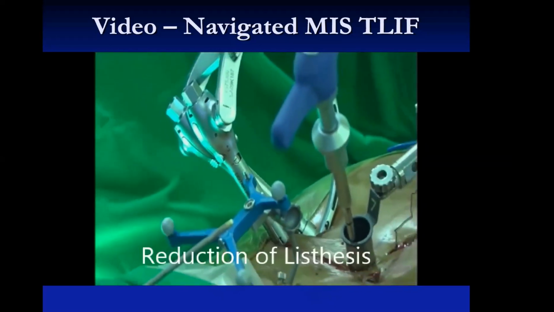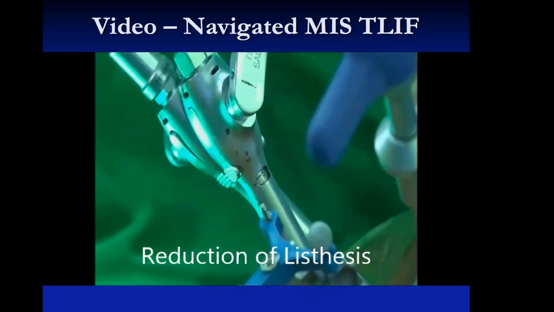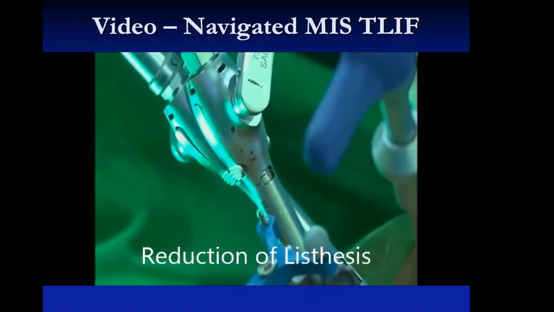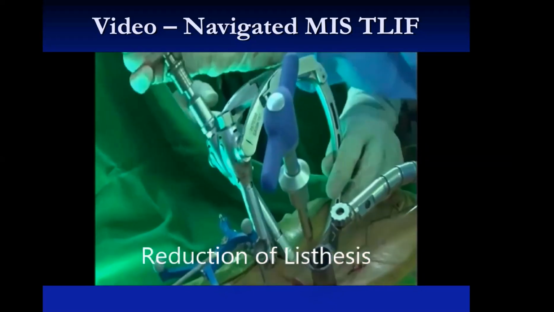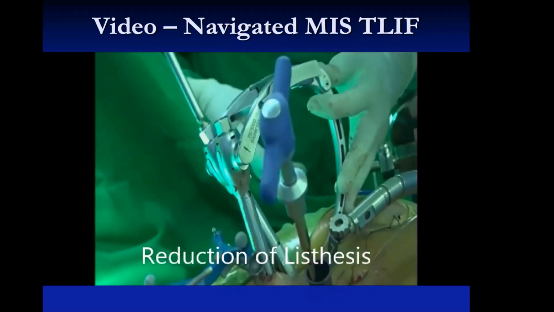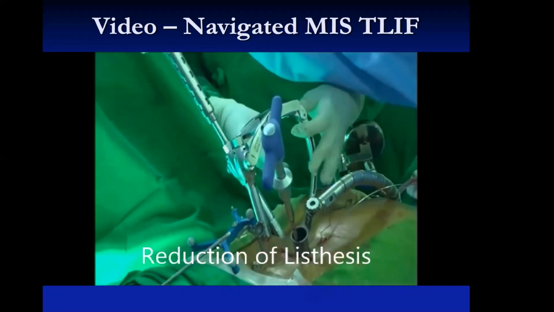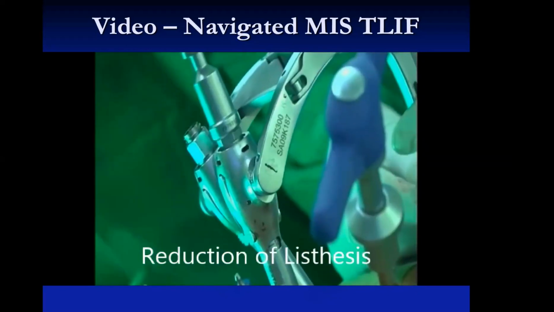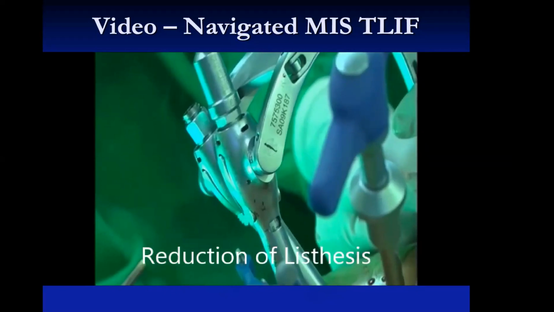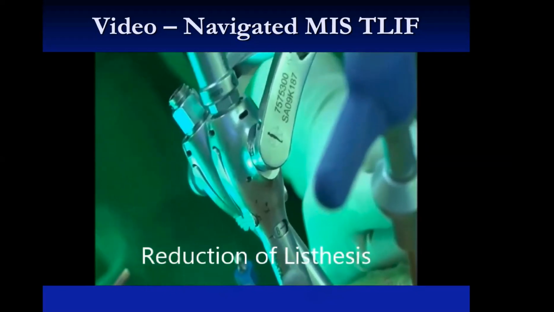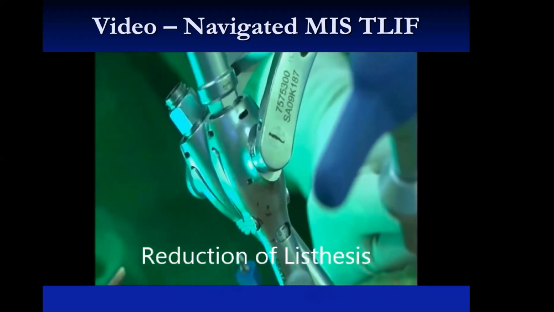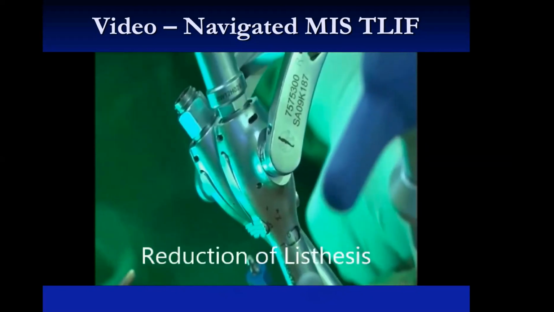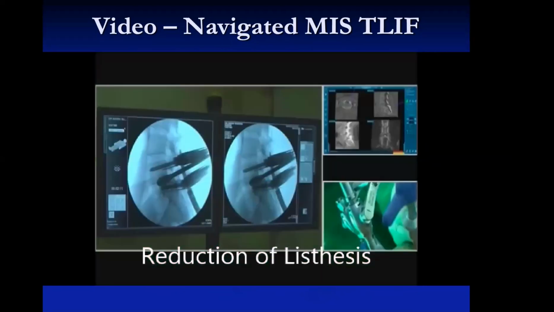Initially, the S1 pedicle screw is fastened with an inner nut, holding the rod in between, following which, using a special reduction maneuver, as you see here, the L5 screw is pulled up gradually.